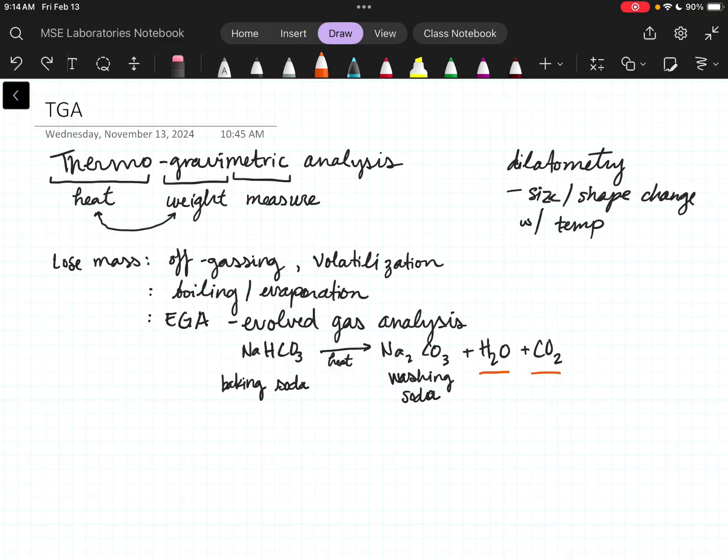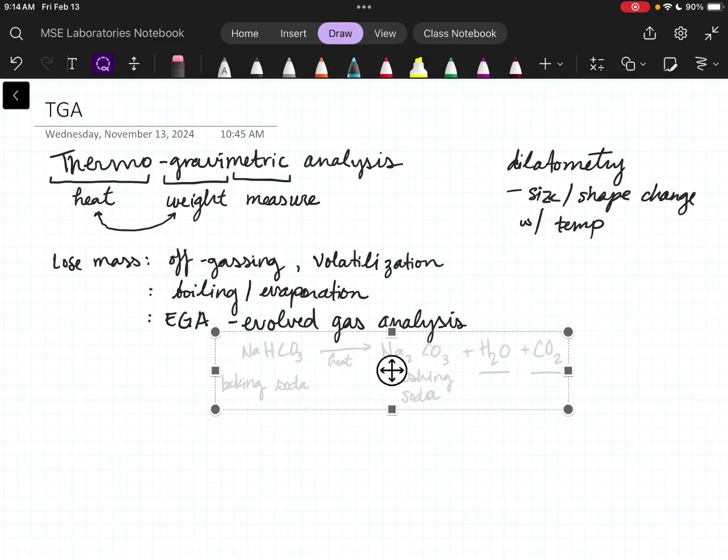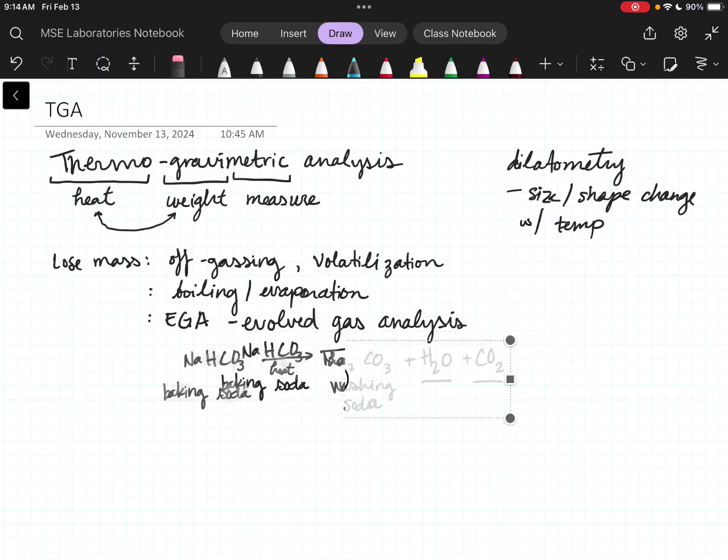Studying this reaction in a TGA is going to show you these two gases. And I've done it several times. You actually can calculate the mass of these two constituents that are going to evaporate off, and you can relate it back to the mass of the beginning.